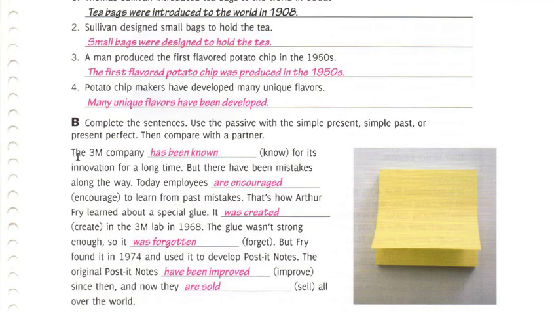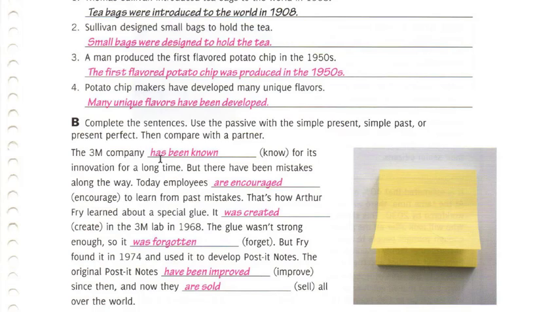Activity B. We're going to use the words in parentheses in their simple present, simple past, or present perfect form, adding the auxiliary word to declare the tense. So it's the 3M company has been known for its innovation for a long time.